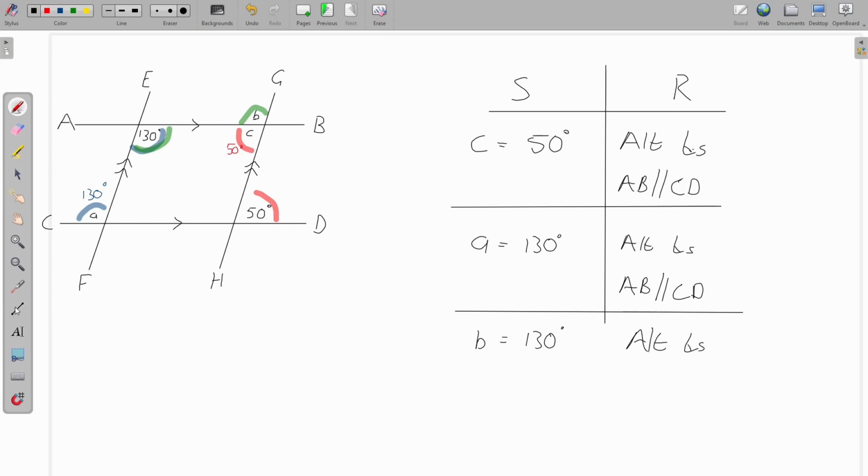And which parallel lines did I use? Well, I used these two parallel lines. Now, it doesn't matter if you say line FE or EF. It still refers to the same line that connects those two letters. However, it's generally good practice to do in alphabetical order, just to prevent yourself getting confused. So it was because line EF is parallel to GH.